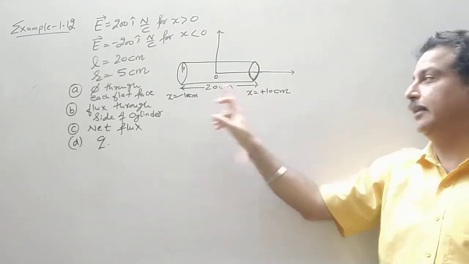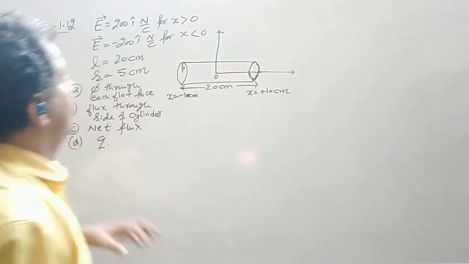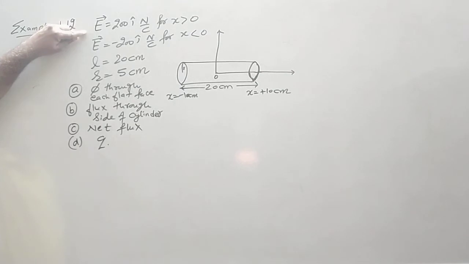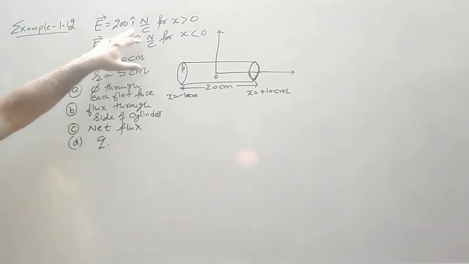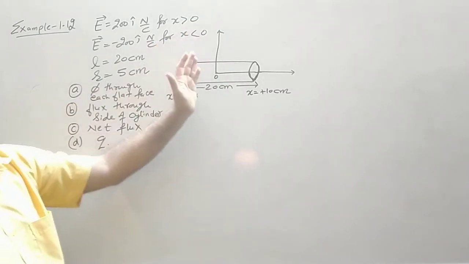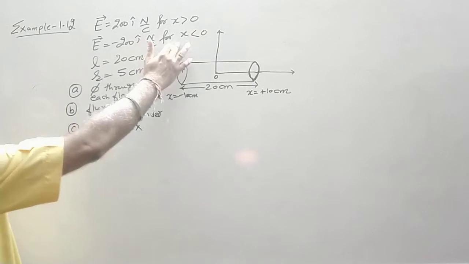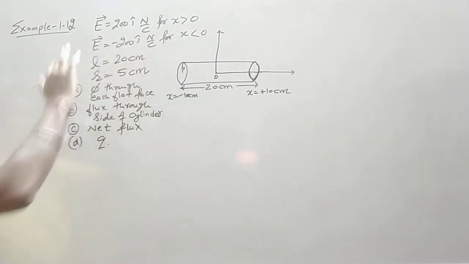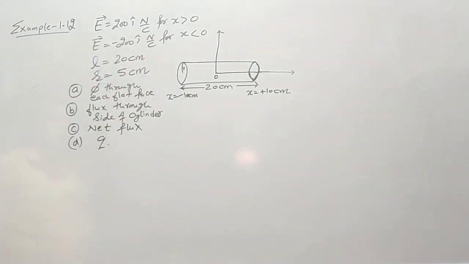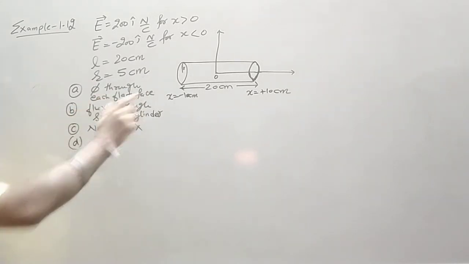This is plus 10 centimeter, this is minus 10 centimeter. Now let us see the electric field intensity. The electric field intensity is 200 i if x is greater than 0. Means if you are along the positive x-axis, the electric field is positive, and for negative x-axis, the electric field is negative. So first part is find out the flux linked with the flat surface.